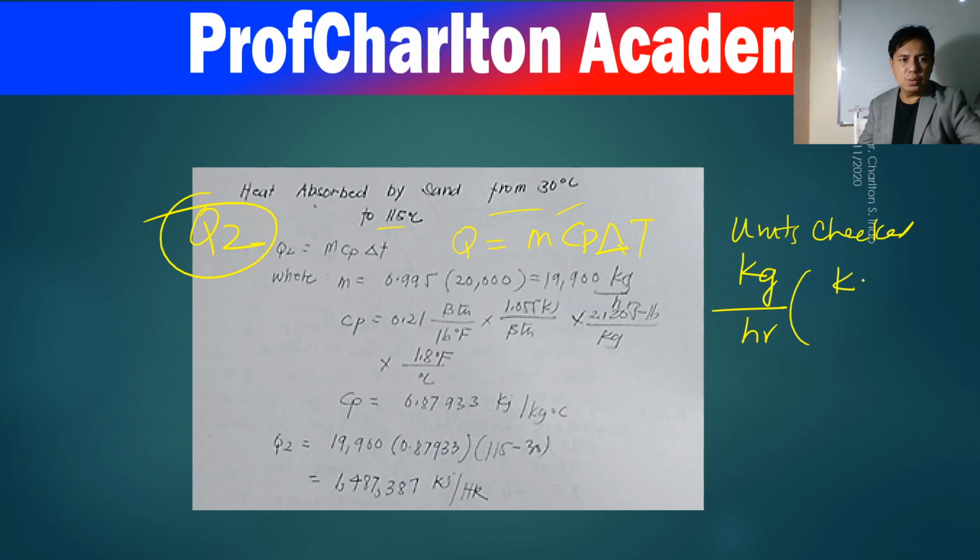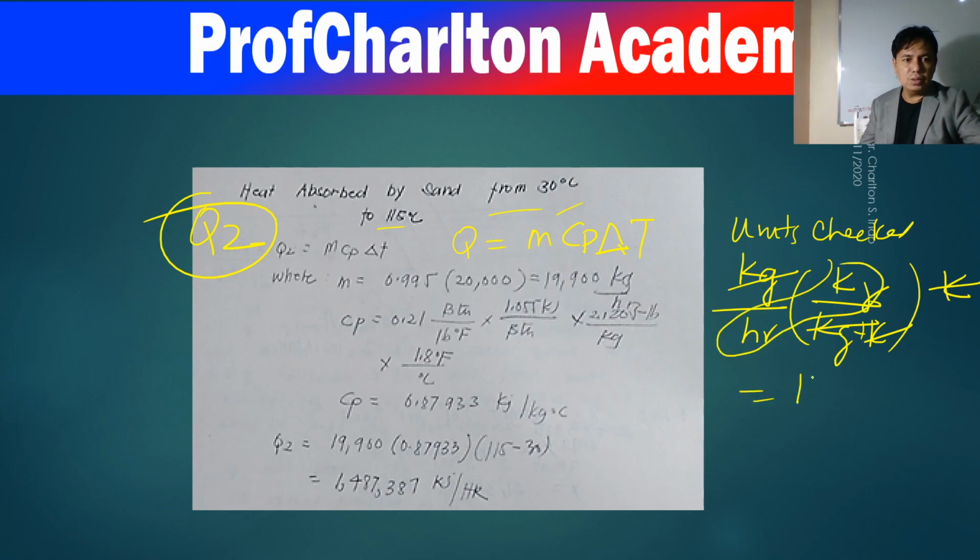Cp is kilojoule per kilogram Kelvin or degree centigrade. There's no problem. And here delta T is Kelvin if you want to make it absolute. So Kelvin and Kelvin will be cancelled, kilogram and kilogram will be cancelled. So what will remain is the kilojoule per hour, which is what we are going to have.